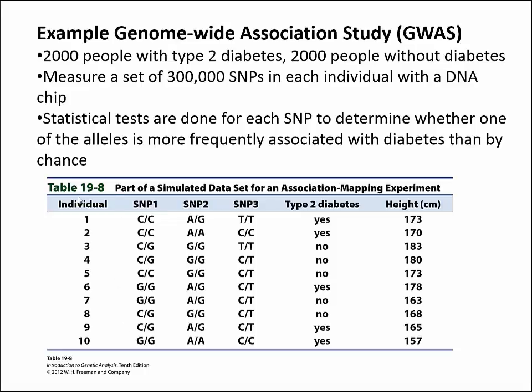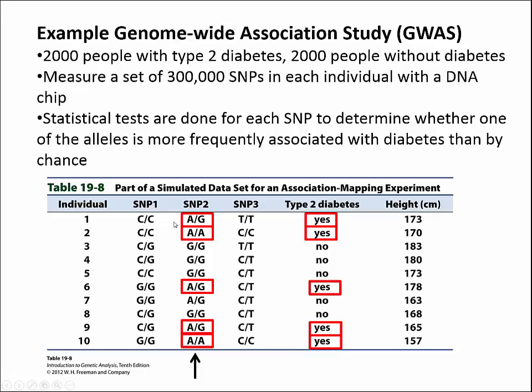So here's an example, just 10 individuals to give you a feeling for this, looking at three possible SNPs. And so for each one of these individuals, it's indicated whether they have diabetes or not. And it turns out that two of these SNPs have no association with diabetes. So SNP1 and SNP3 have no association with type 2 diabetes, but SNP2 does in fact have an association.